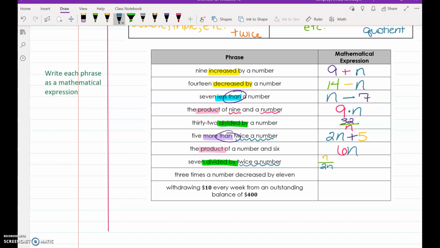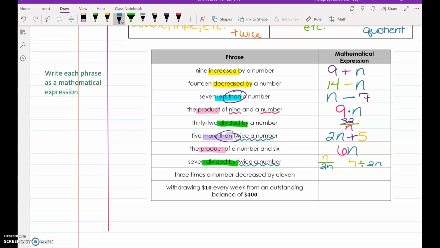Now, if you decide to write it horizontally, and you do 7, and even if you do the division sign, which we don't really use much in algebra, most of the time we use a vinculum, the division symbol. But if I use that, 7 divided by 2n, there's a big thing here.